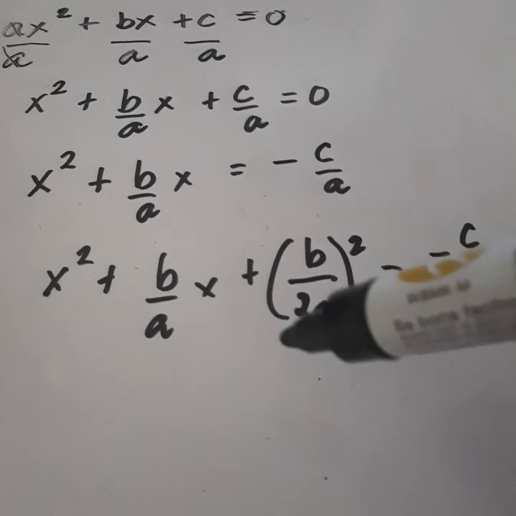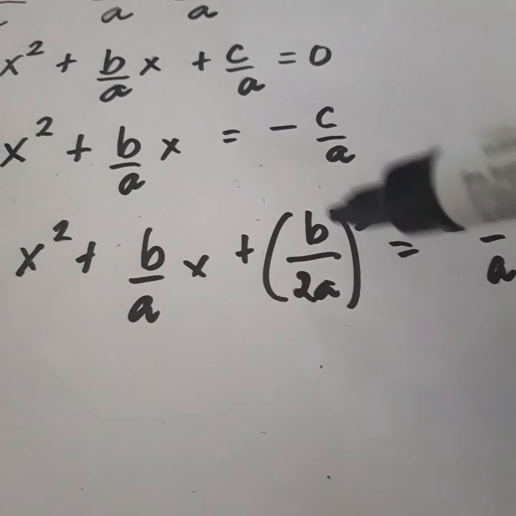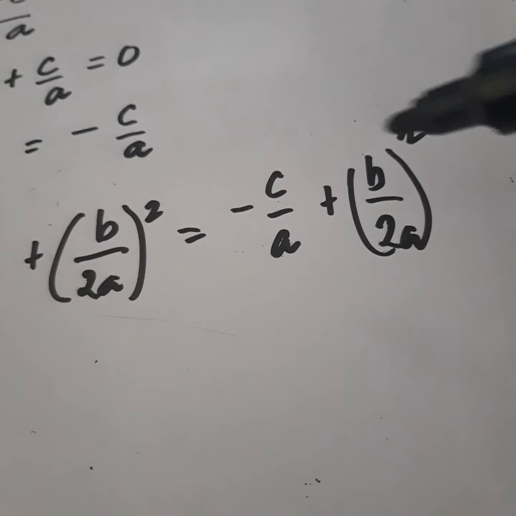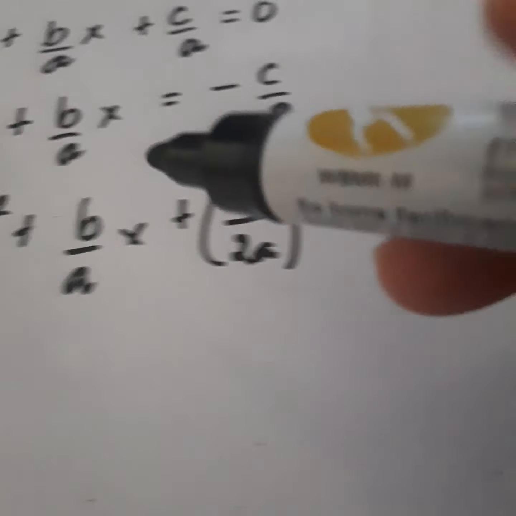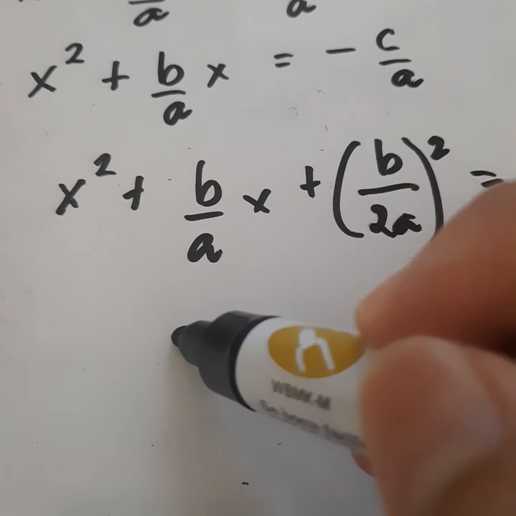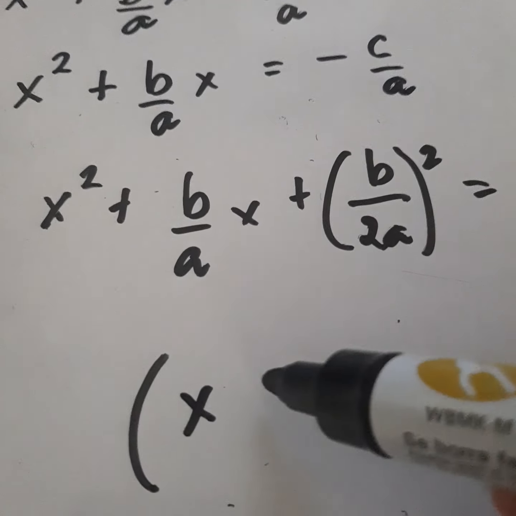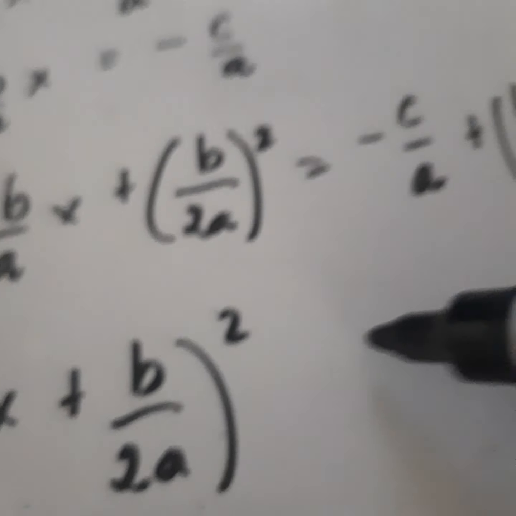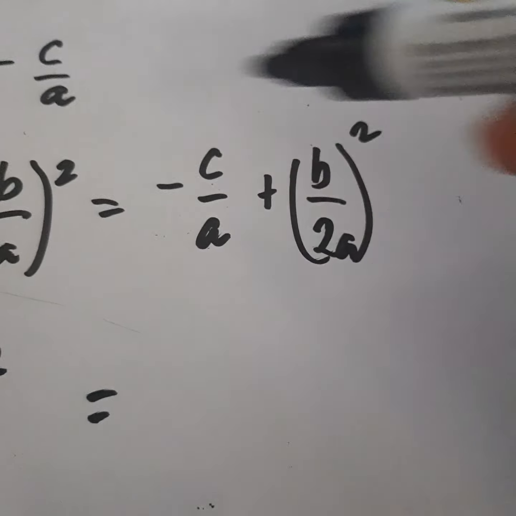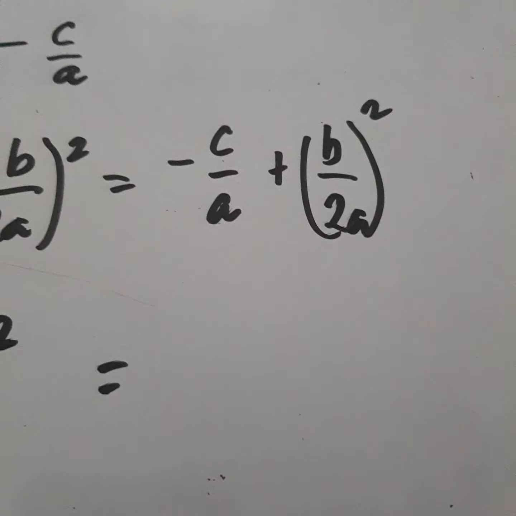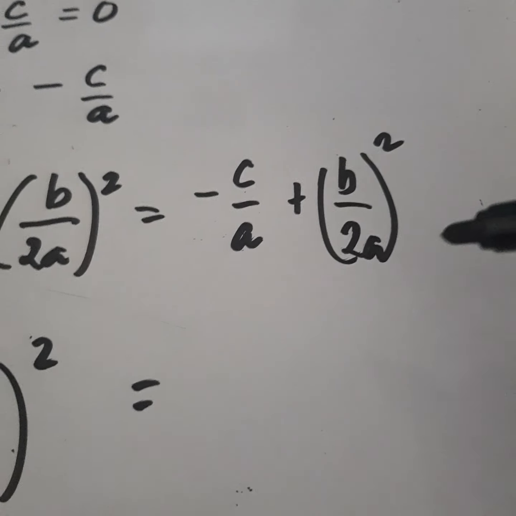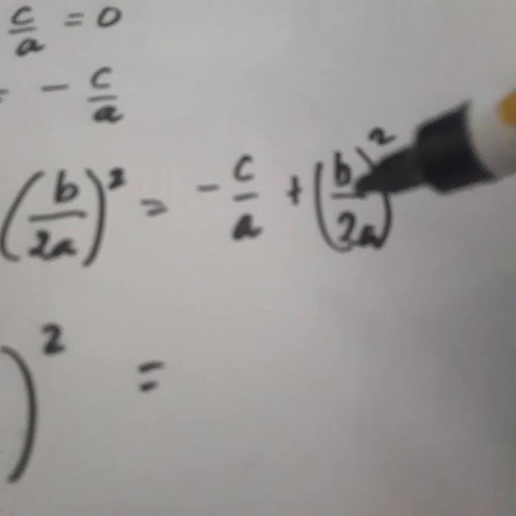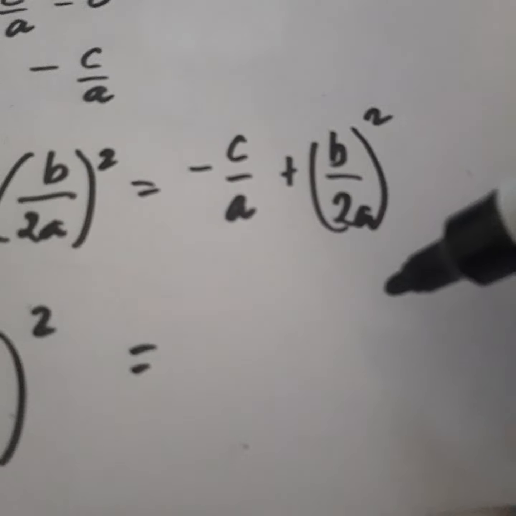Okay, next step. Factor out the left side of the equation and then solve whatever is the operation involved in the right side of the equation. So ang factor ng left side of the equation is x plus b over 2a squared. And then if we're going to solve for the operation in the right side of the equation, which is addition, syempre sa addition ng fraction, we have to determine the least common denominator of the two given fractions.